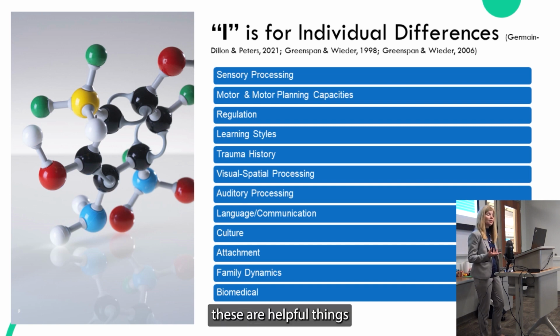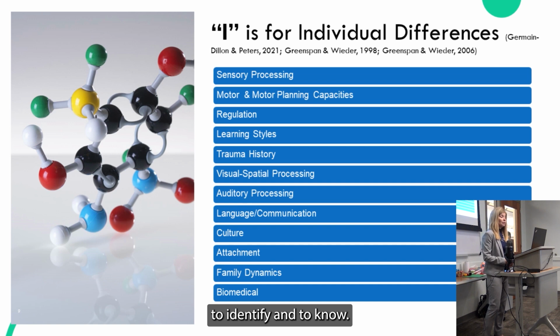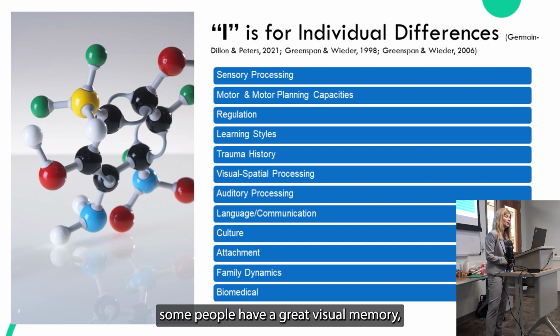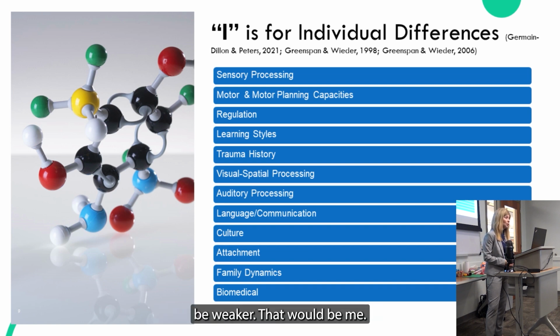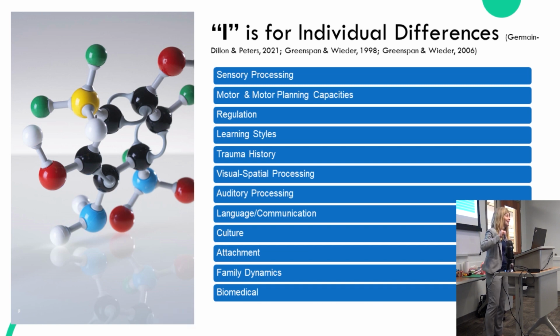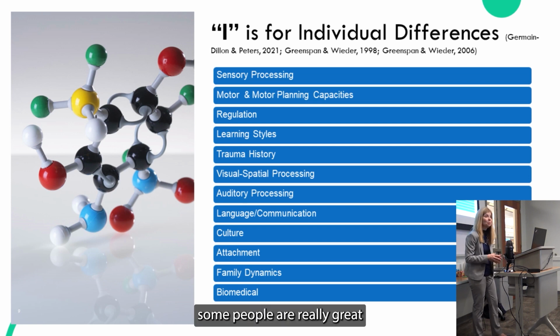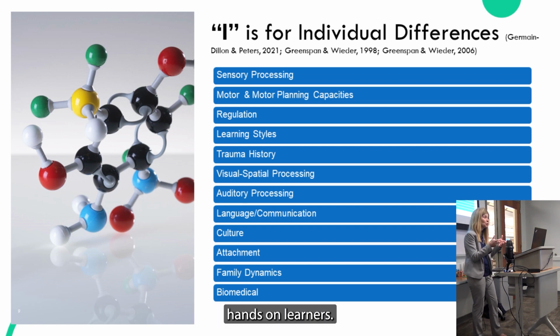But these are helpful things to identify and to know. There might be individual differences in learning styles. For example, some people have a great visual memory, but their auditory memory might be weaker. That would be me. And then some people are really great hands-on learners. If they're doing something, they learn it once and they could do it the rest of their lives.